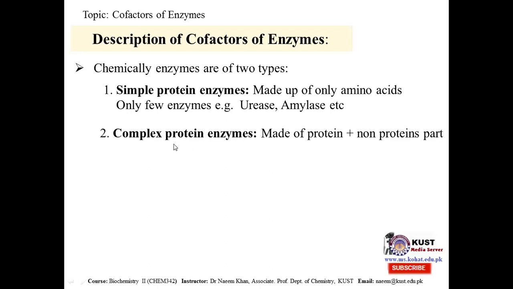But the majority of enzymes are complex protein enzymes. By complex, we mean enzymes which are made up of protein plus a non-proteinous part. In these cases, the enzymes are made up of chains of amino acids, but there is also a non-proteinous part, meaning other things besides amino acids.